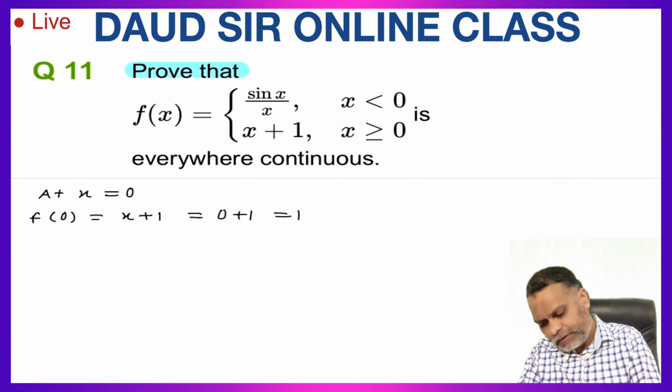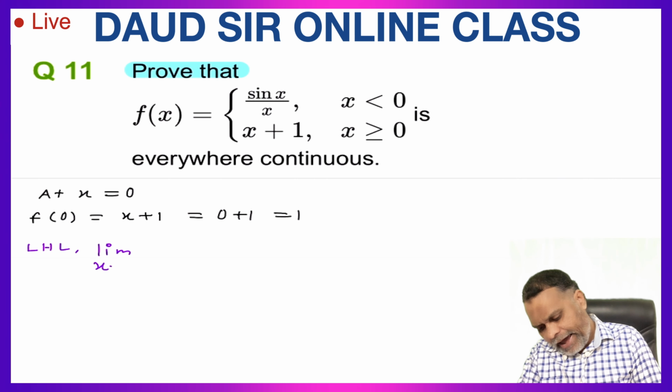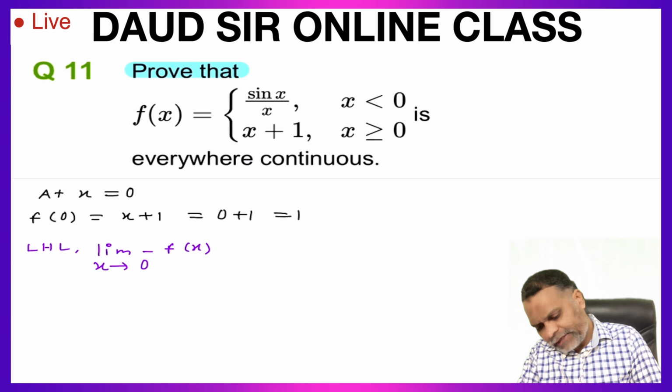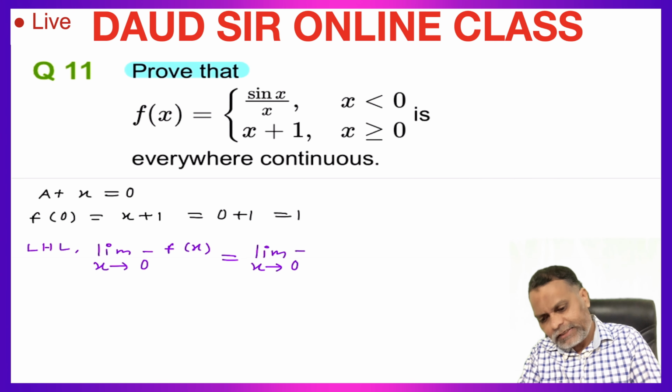Left hand limit x tends to 0 minus f of x is equal to limit x tends to 0 minus, x is less than 0 here, sin x upon x.